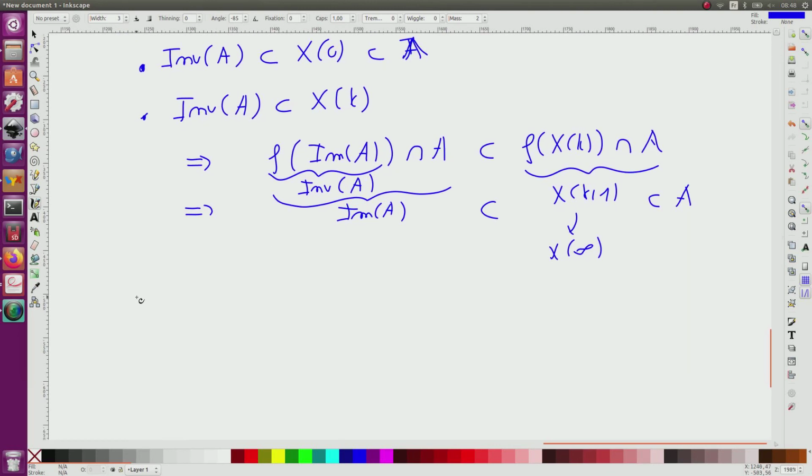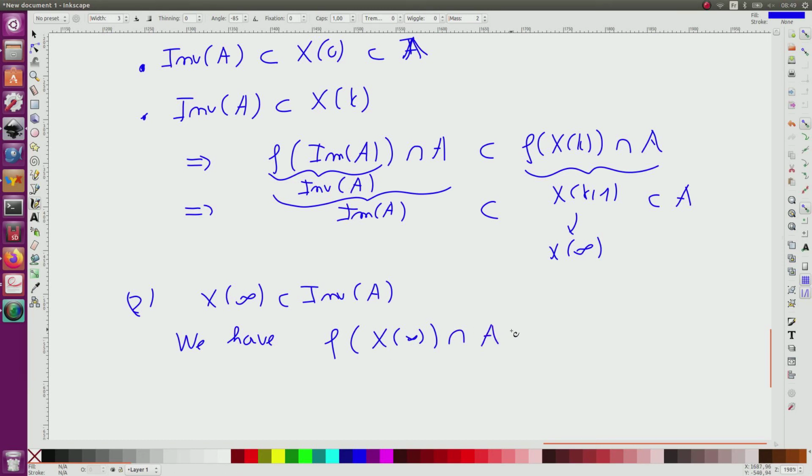Now the second part of the proof, I have to show that x, the limit of the sequence, is included in invariant of A. To prove this, due to the fact that the sequence converges, the image by f of the limit is equal to the limit.